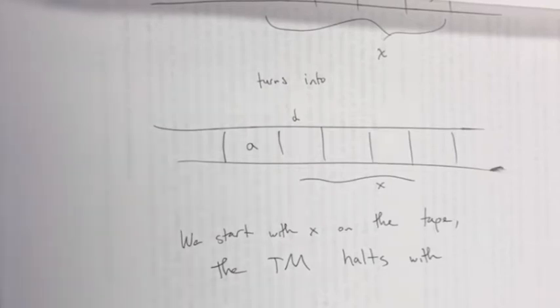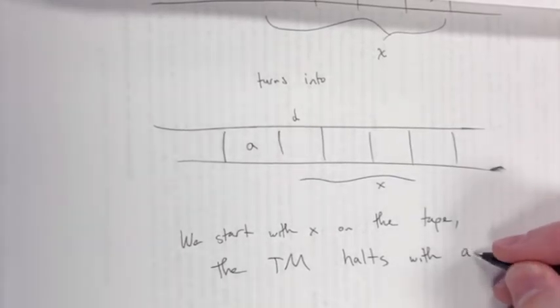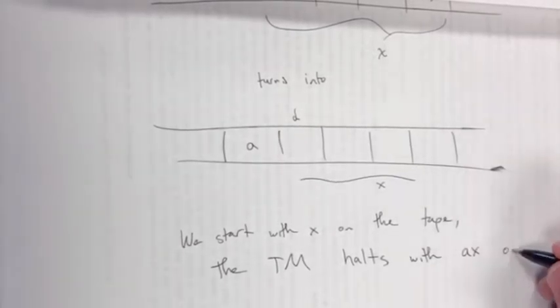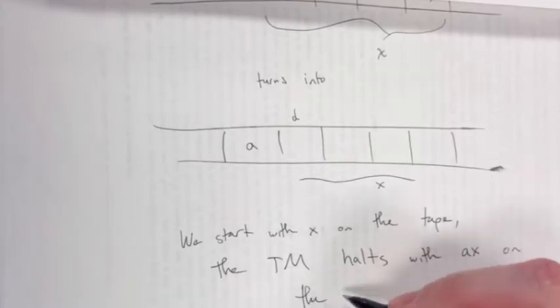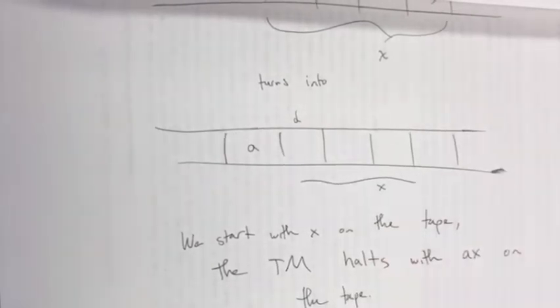This tape now says AX. The Turing machine halts with AX on the tape. So we can think of this as a machine that starts with X and turns it into AX, right? That's what the Turing machine does, as a sort of machine that does something.